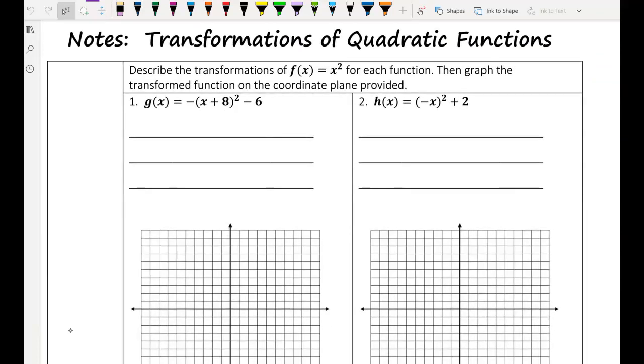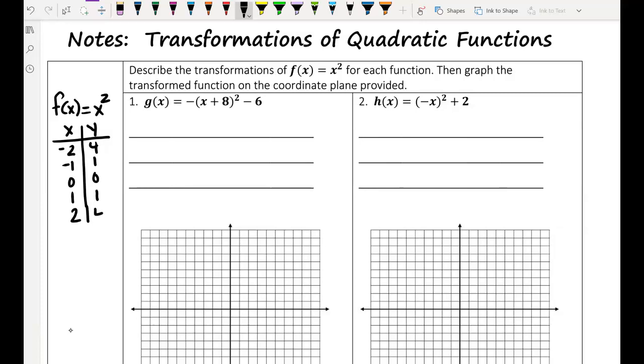It says describe the transformations of f of x equals x squared for each function, then graph the transformed function on the coordinate plane provided. Now, before we get started on these, I want us to remind ourselves what the t-chart for the parent function f of x equals x squared looks like. If we were to do a t-chart, and we've done this already, this is what we ended up with.